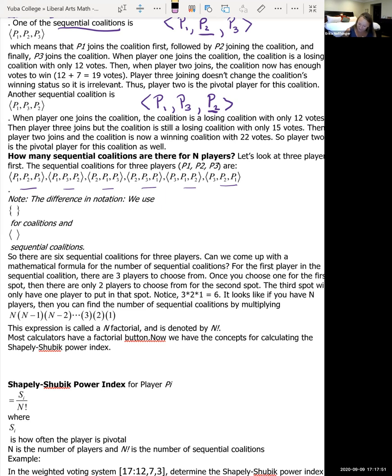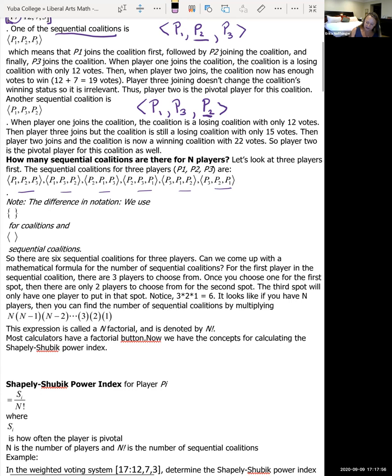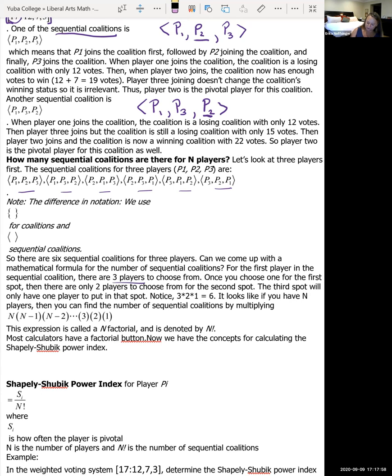For the first player in the sequential coalition, there are 3 players to choose from. Once you choose one for the first spot, then there's 2 players to choose from. Once we've chosen a player for the second spot, then for the third spot we only have 1 player to choose from.